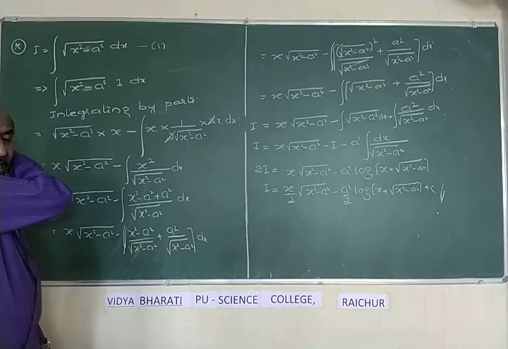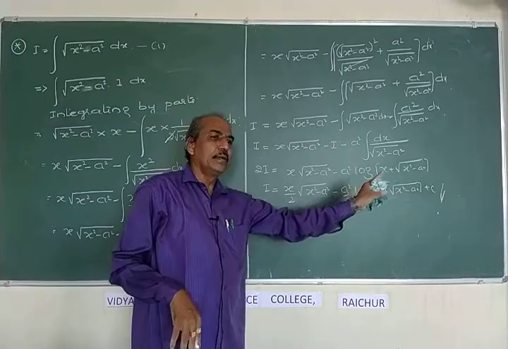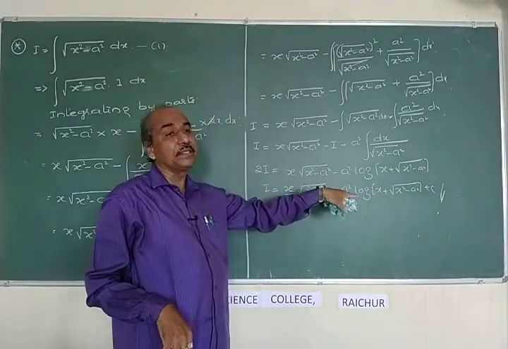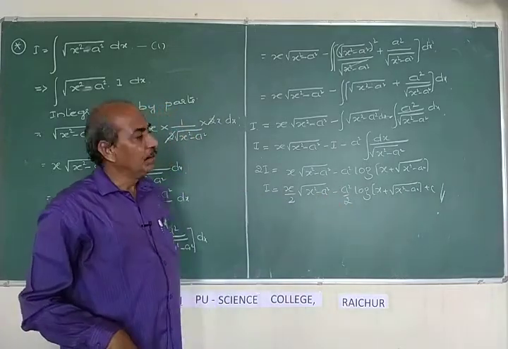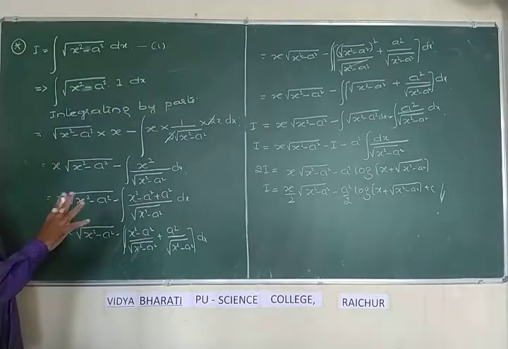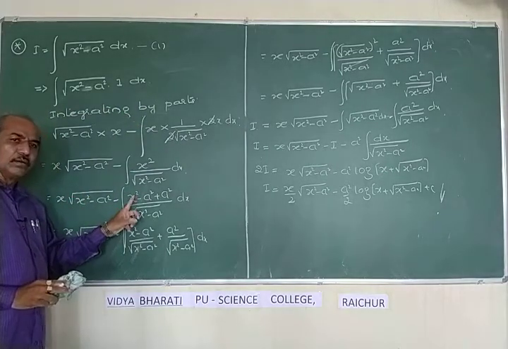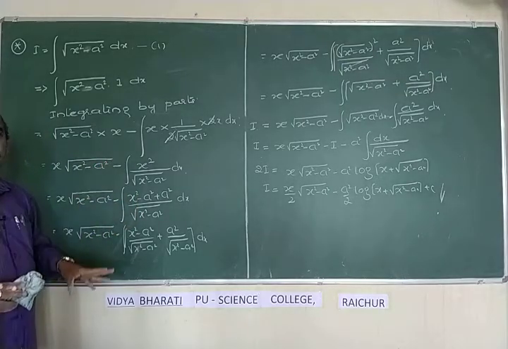How to remember is, see, only the change in the sign, here there was plus, so everything will be plus, that's all. x by 2 root of x square plus a square plus a square by 2 it was there. Here it is minus. Understood? So, more or less almost all the same steps here, only you have to change here, that's all. And regarding the sign, you must be careful while simplifying those terms.